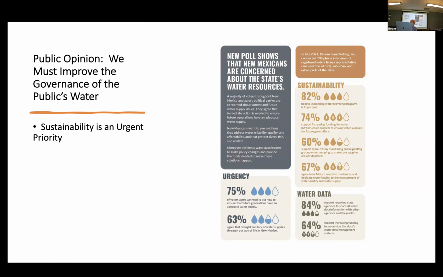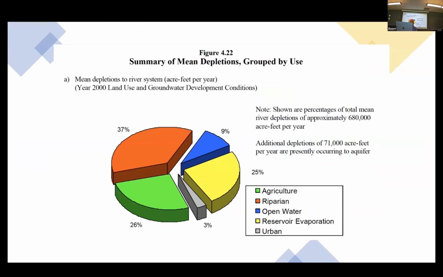A question for you. So the pie chart that you showed, the urban use of water is a small percentage, 3% there, maybe 8%. The city of Albuquerque, the Riverside here in the city, over the last 20 years, how do we consume less water? There has been a lot of success there.